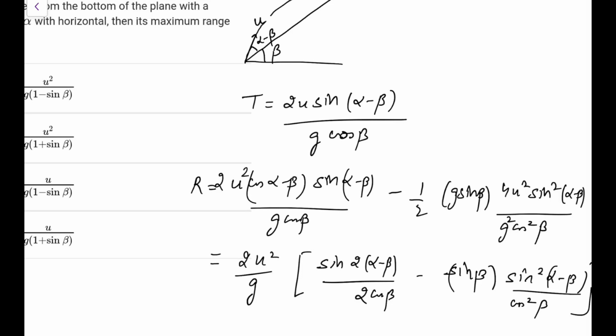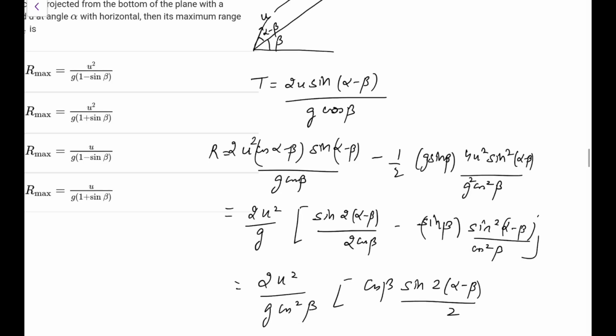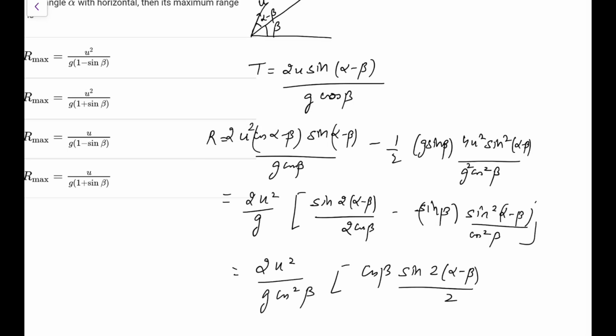That is what you are going to write. So what we can do here, take this cos beta also, or cos square beta as LCM, so it would be g cos square beta. So it will become cos beta into sine of twice of alpha minus beta by 2, or what we can write, keep it in that form only, don't write it as sine 2, and we can take out sine of alpha minus beta also as common.